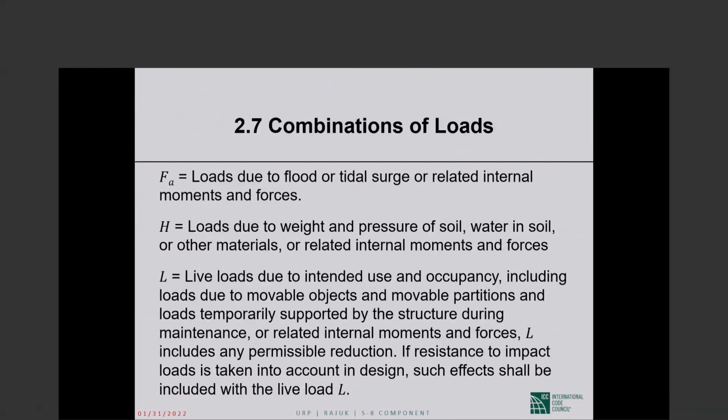H, loads due to weight and pressure of soil, water in soil, or other materials, or related internal moments and forces. So typically I call it horizontal earth pressure. That's what it is. And that includes the weight of the water that is in the soil. Okay. L, live loads.